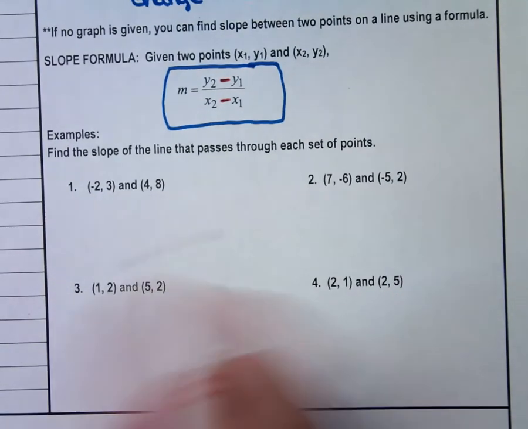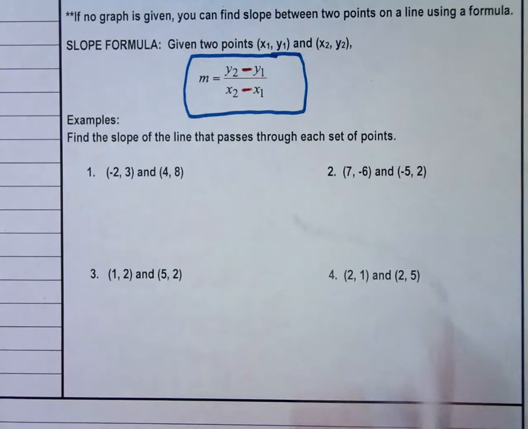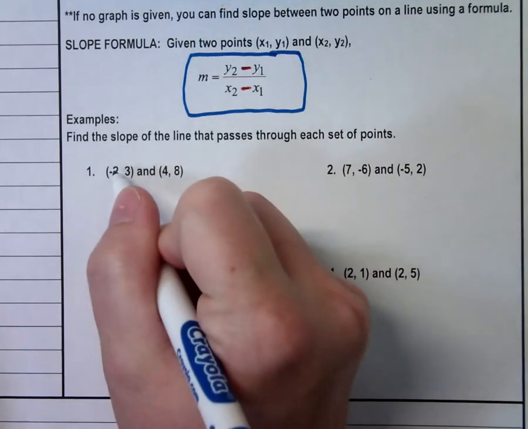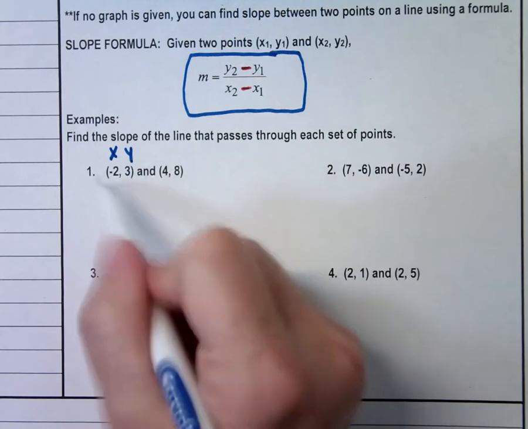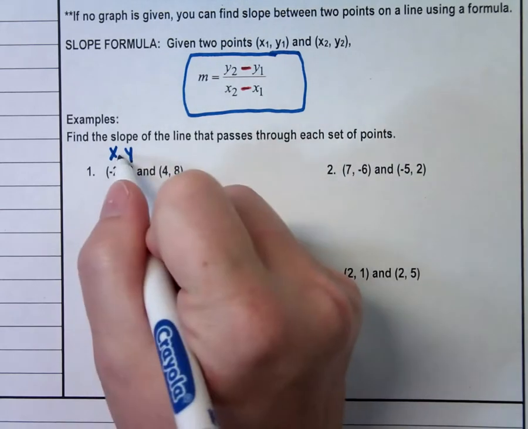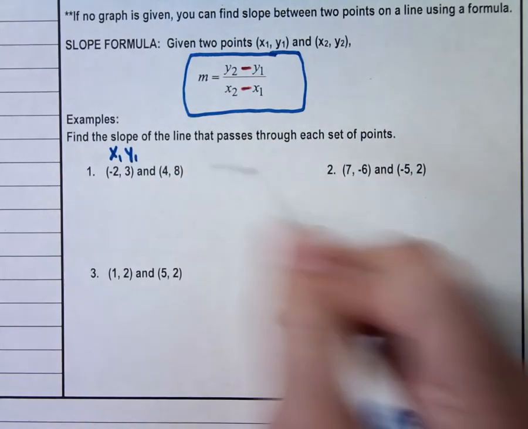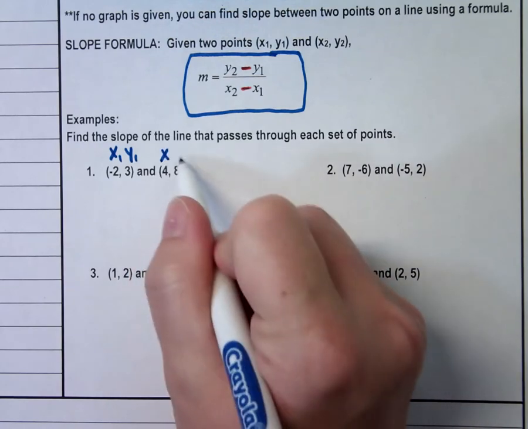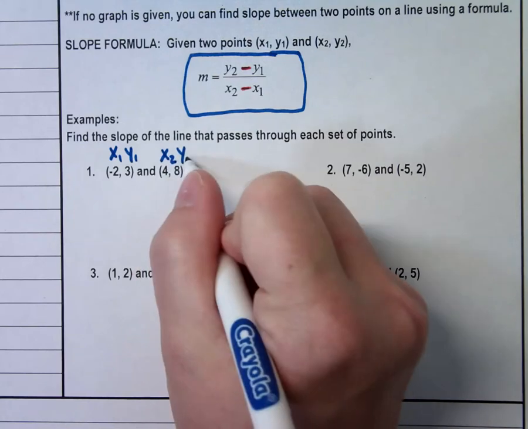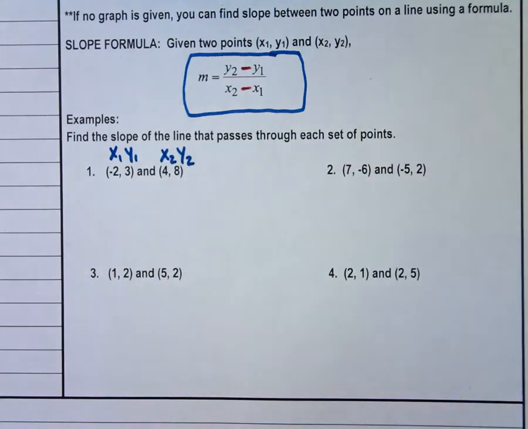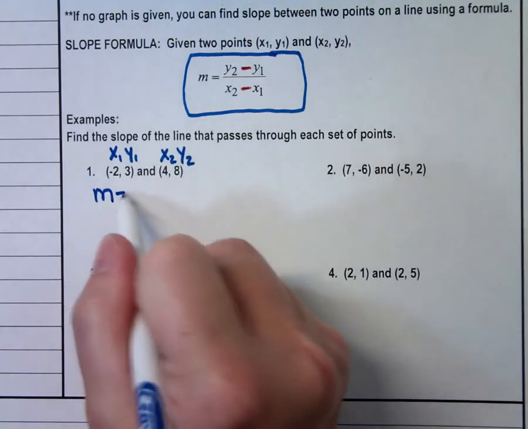Okay, so first I'm going to go ahead and label these. The first number is always the x. The second number is always the y. Because this is the first point I see, I call this x1, y1. This is the x, this is the y, and because it's the second point I see, I call this x2, y2. Now I'm going to do exactly what that formula tells me.